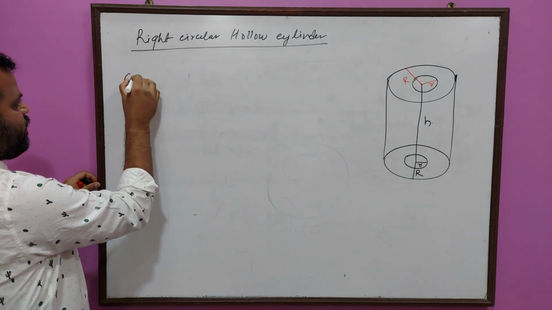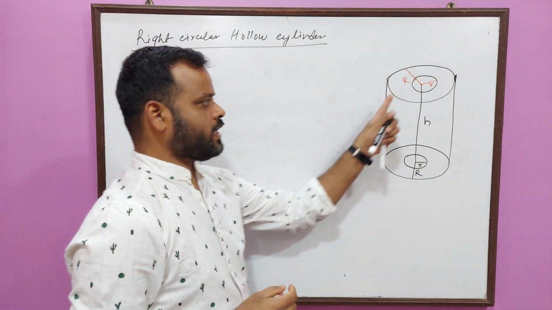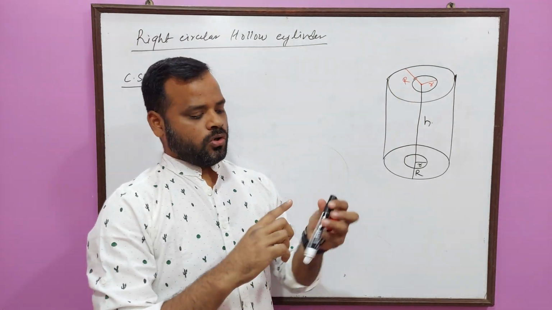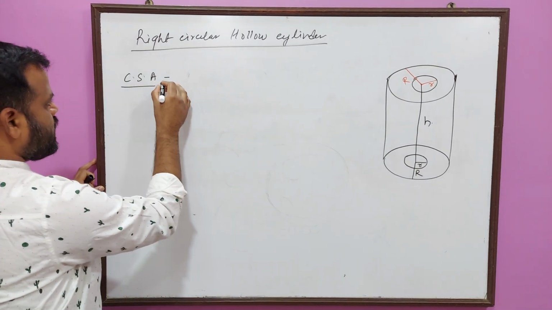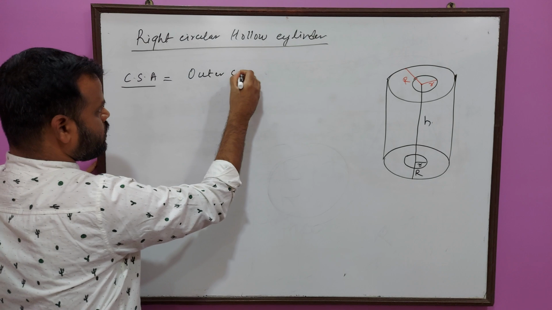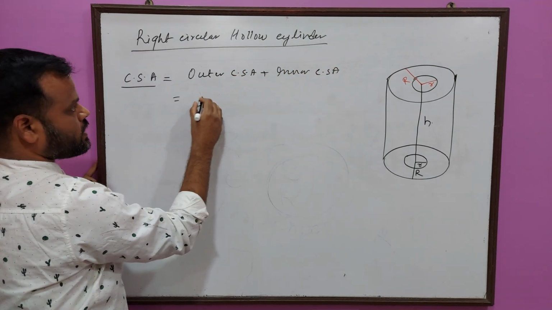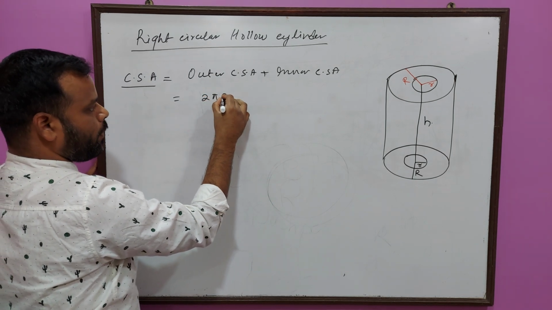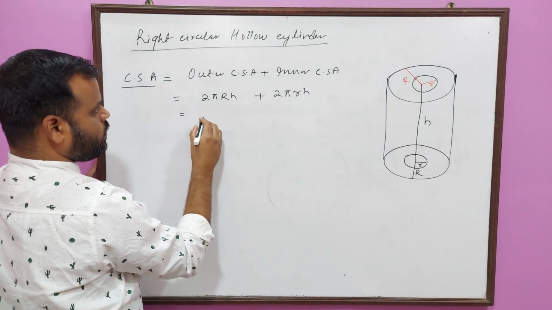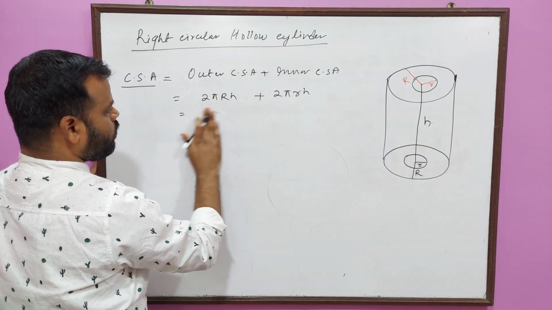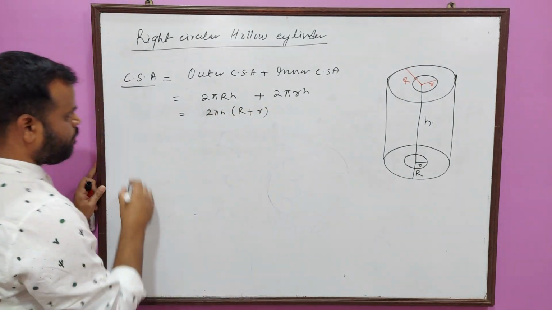So the CSA will be, when it is hollow, it's like a bamboo, outer CSA plus inner CSA. Outer CSA is 2 pi capital RH, inner CSA is 2 pi small rh. So when 2 pi h is taken as common, R plus r.